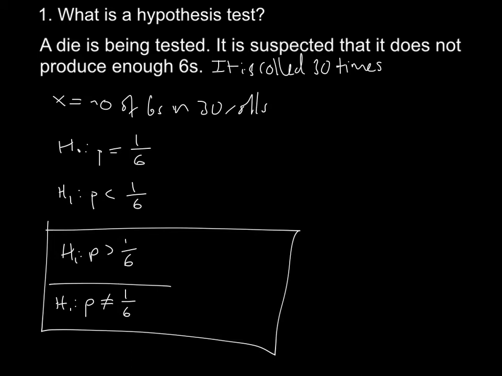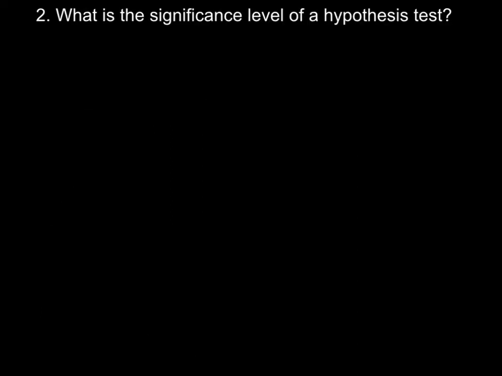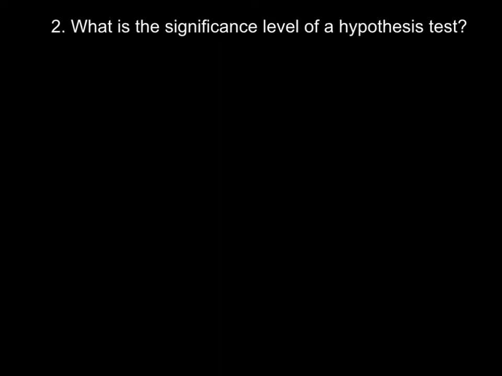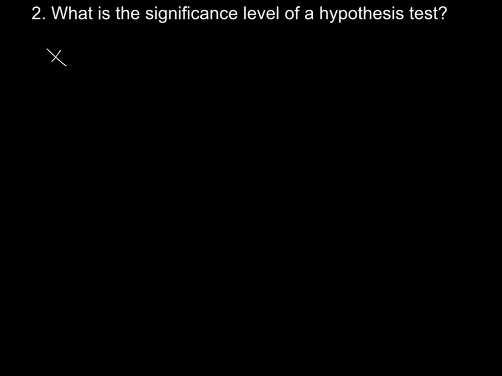But now that we've looked at the null and alternative hypotheses, let's move on to what the significance level of a hypothesis test is. So when we are testing this dice, if I roll it 30 times, X could have a value of anywhere between 0 all the way up to 30. So I could get no sixes, or I could get 30 sixes, or any number in between.